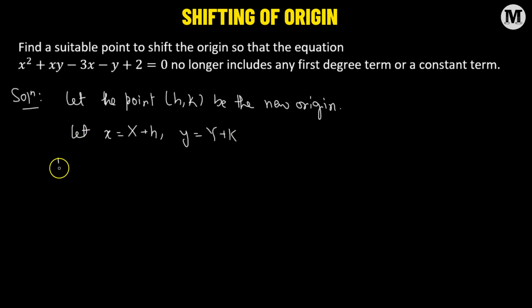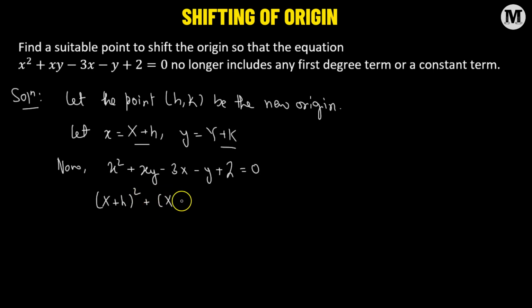So our equation x squared plus xy minus 3x minus y plus 2 equals 0 becomes (x plus h) whole squared plus (x plus h) times (y plus k) minus 3 times (x plus h) minus (y plus k) plus 2 equals 0.